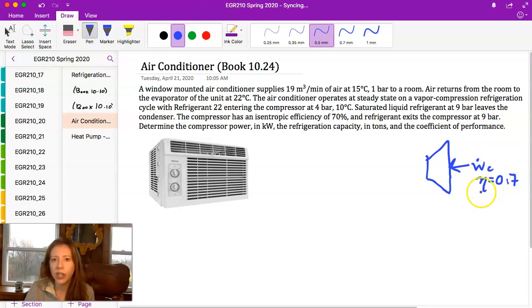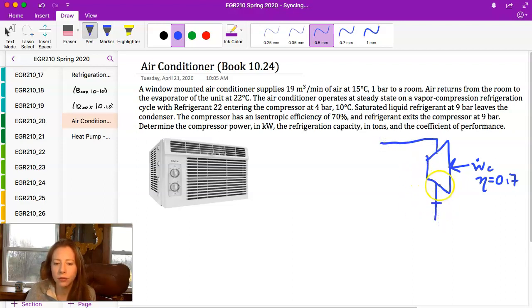We're given a pressure of 9 bar. Actually, let's not try that yet. Let's just draw this. There we go. Let's add our numbers.